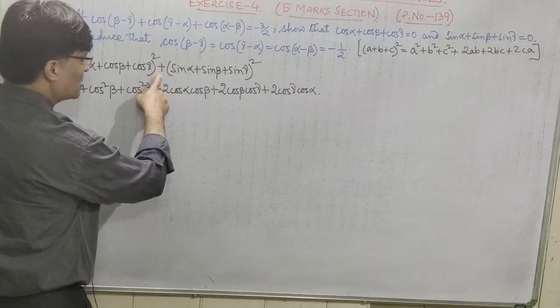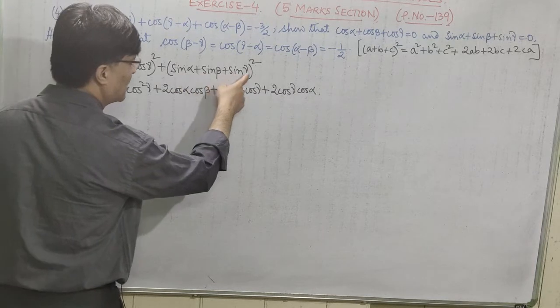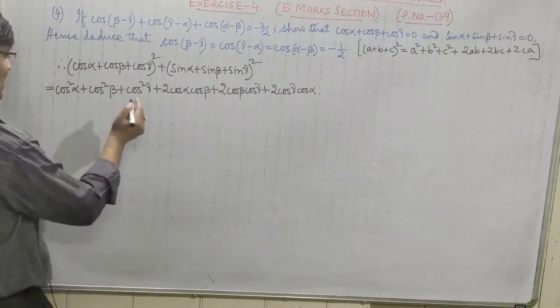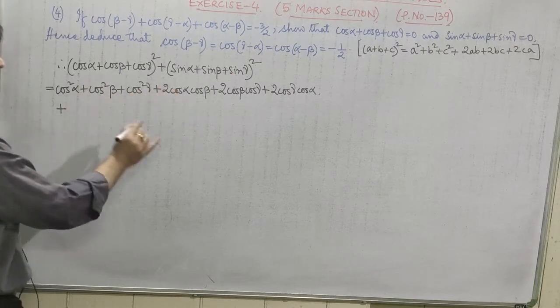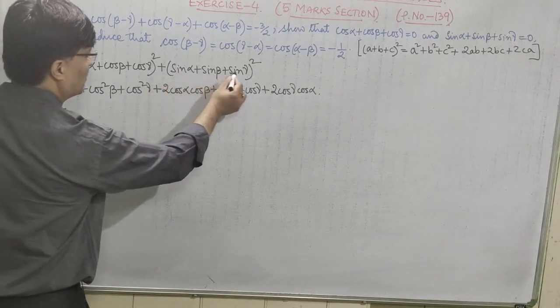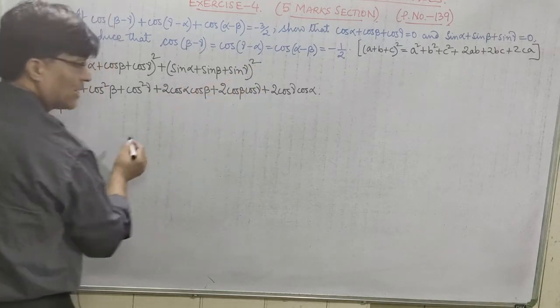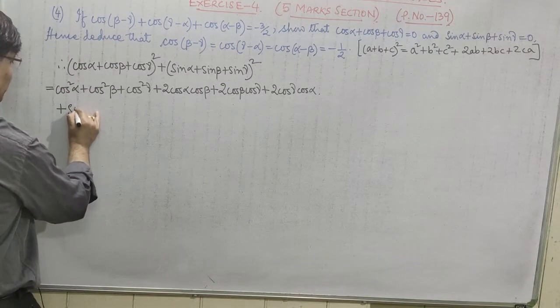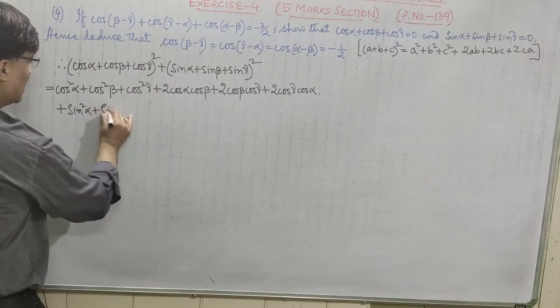So that is plus, again you have to use the same formula, (sin alpha plus sin beta plus sin gamma) whole square. So let us write it in the next step. Plus, actually this is the continuation line. Okay. So this is again in the form (a plus b plus c) whole square. Here a is sin alpha, b is sin beta, c is sin gamma. What is a square? This is sin square alpha plus what is b square?